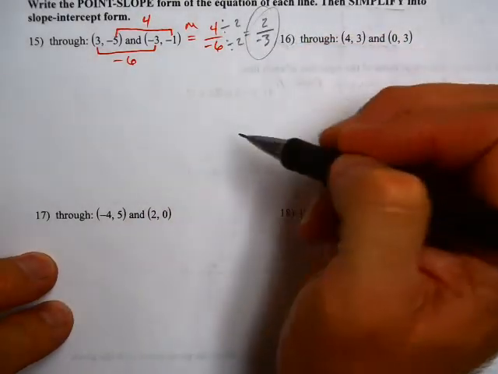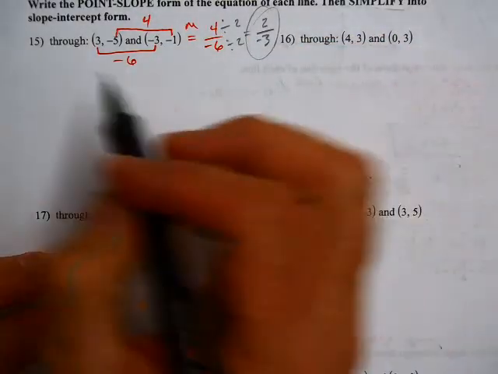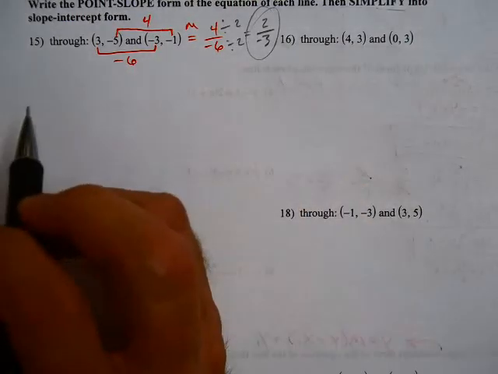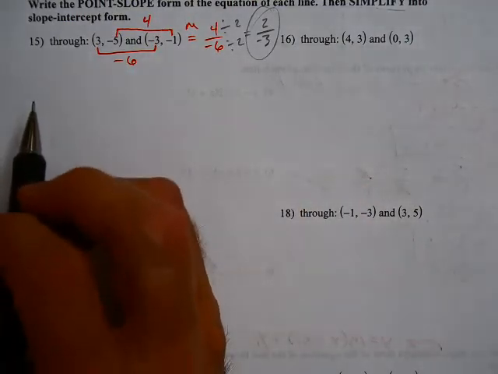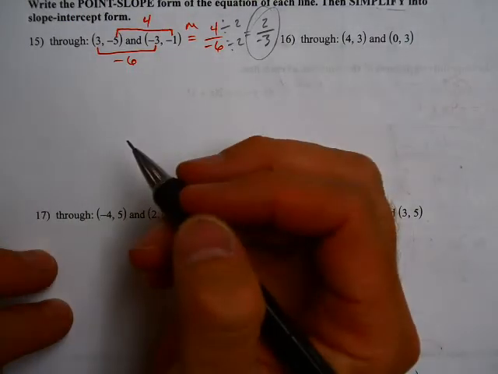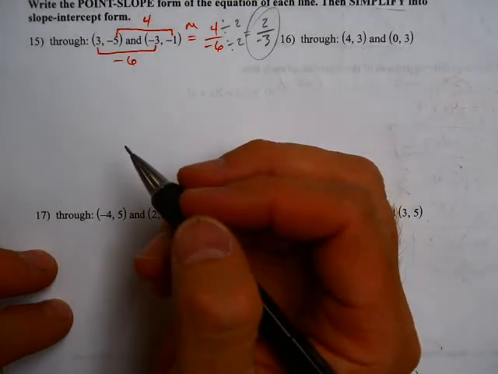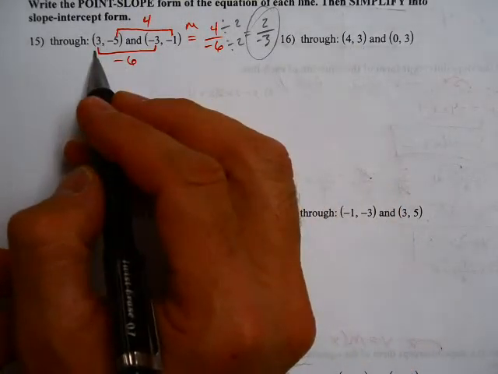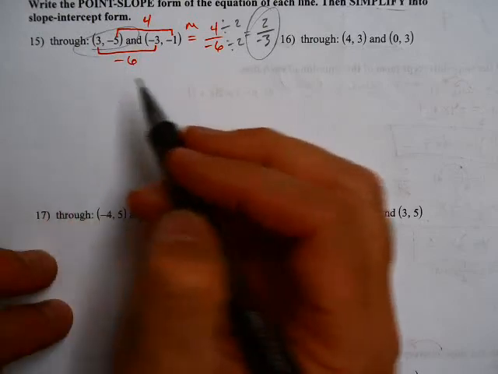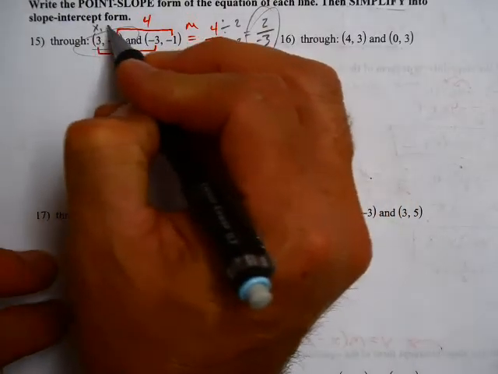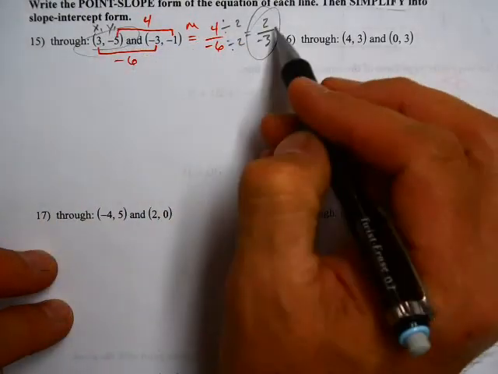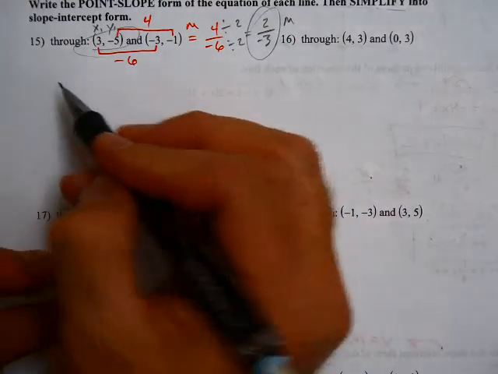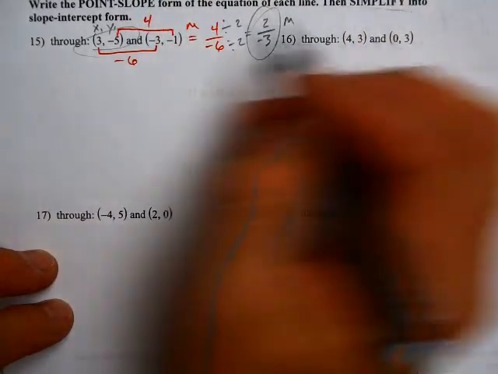So now that I know a slope, and I know 2 points, but I only need one, I get to pick the one that I think is friendliest looking. Which one do you guys like better? The 3, -5? Okay, let's take that one. So this is going to be our x1, y1. This is our m. And so we go into slope intercept.